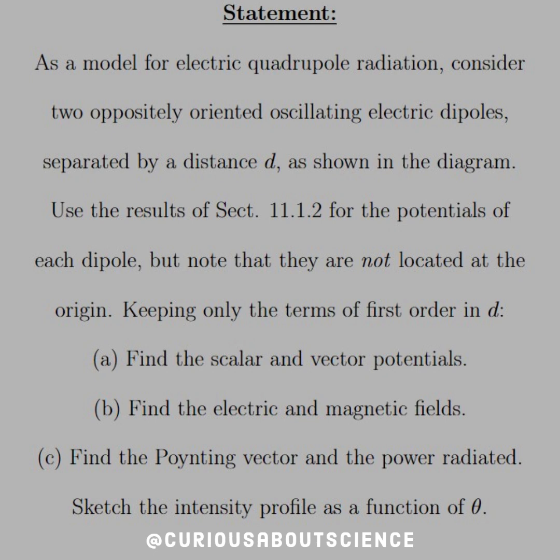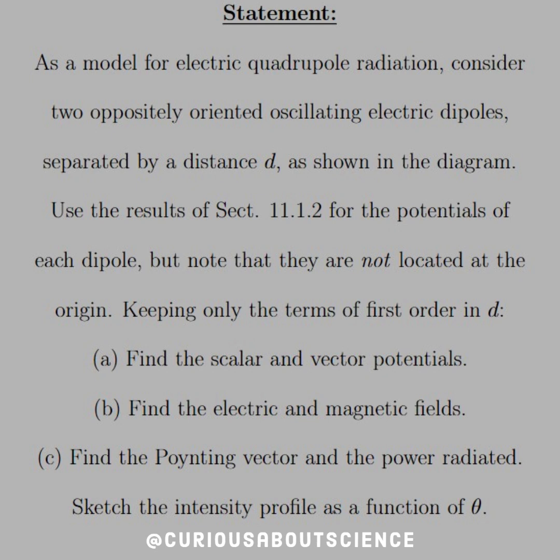Our next one is: as a model for electric quadrupole radiation, consider two oppositely oriented oscillating electric dipoles, separated by a distance d as shown in the diagram. Use the results of section 11.1.2 for the potentials of each dipole, but note that they are not located at the origin.